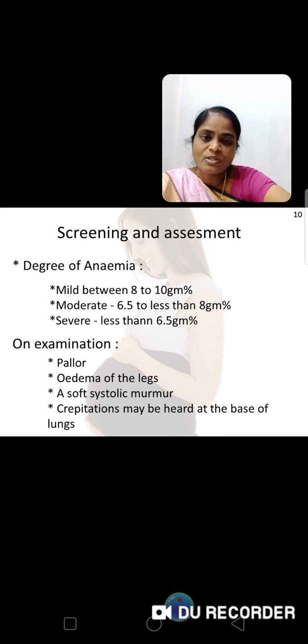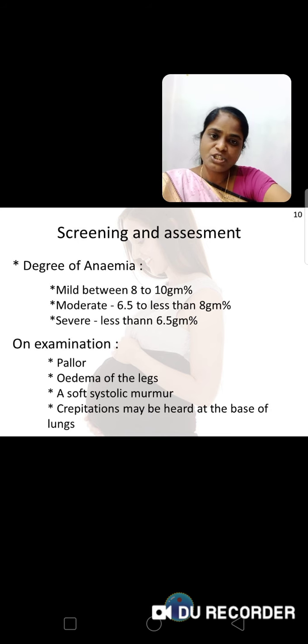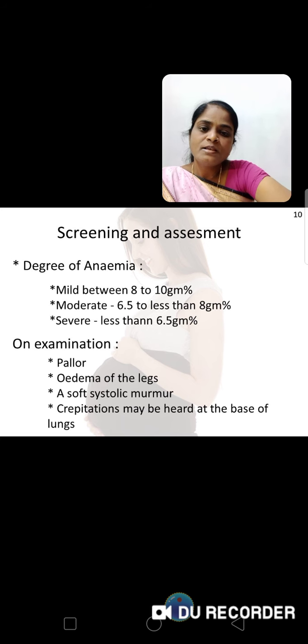If you palpate, you can find the leg edema. So on examination we can find out easily: pallor, edema of the legs, and a soft systolic murmur during auscultation.